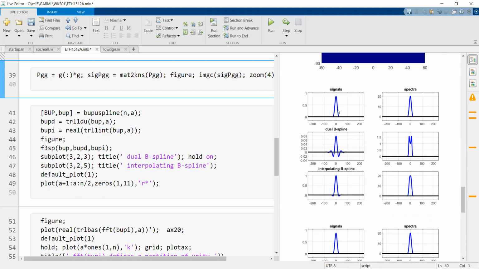Well, it tries to be bi-orthogonal to the collection of shifts of this. So it should have a peak because you would like to have the scalar product of this with this be 1. But if you shift the first one to the right or to the left, it should be 0. That's why you have this negative effect. And so the bi-orthogonal element is very typically looking like this.